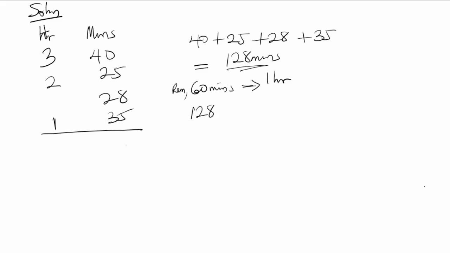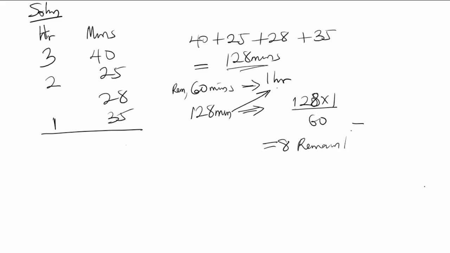So using our normal conversion method, we have 60 minutes is 1 hour. Therefore 128 minutes will be, cross multiply, 128 times 1 divided by 60, and this will give you 2 with a remainder of 8.